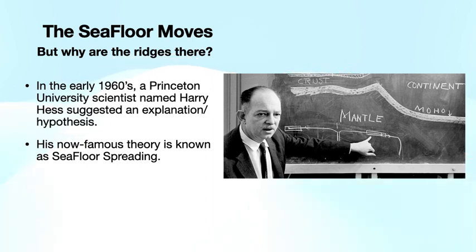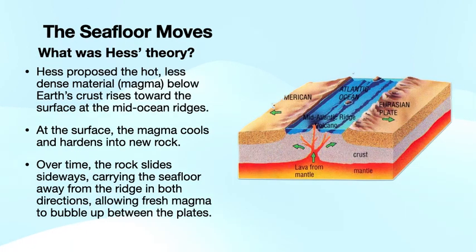So the seafloor moves. Okay, but why? In the 60s, a Princeton University scientist named Harry Hess suggested a hypothesis. His now famous theory is known as seafloor spreading. He proposed that the hot, less dense material, magma, below Earth's crust rises toward the surface at the mid-ocean ridges.